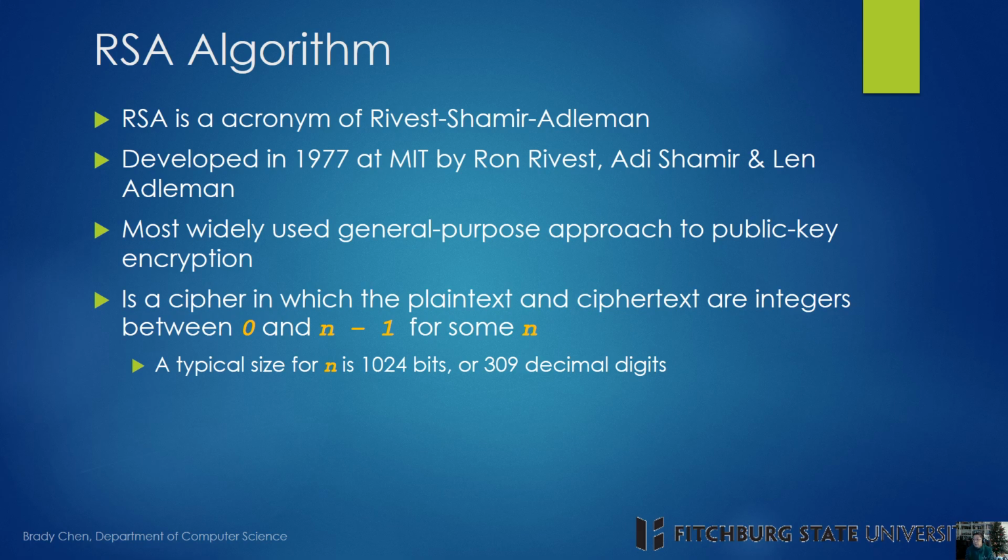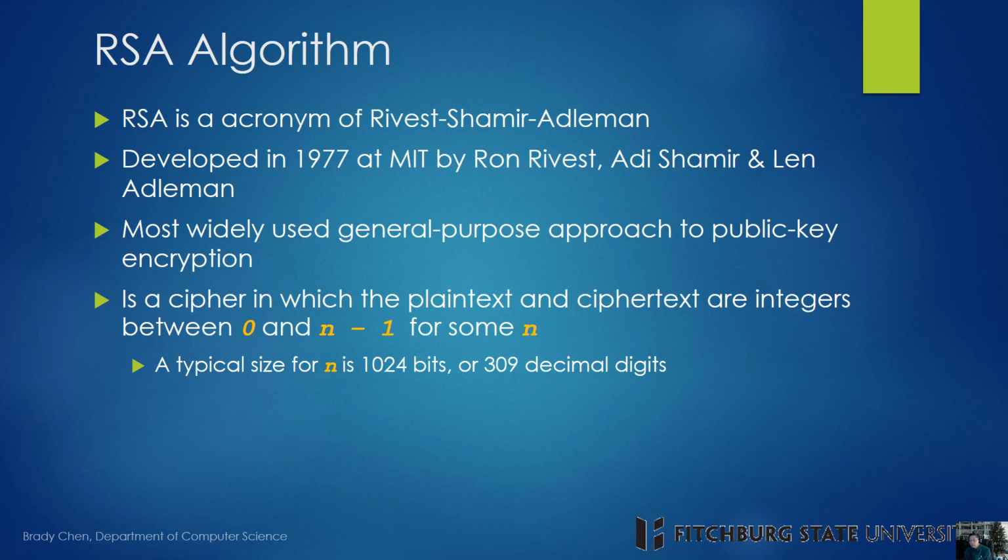These are three professors working at MIT. RSA was developed in 1977 at MIT by Ron Rivest, Adi Shamir, and Len Adleman. RSA is a widely used, general purpose approach to public key encryption.